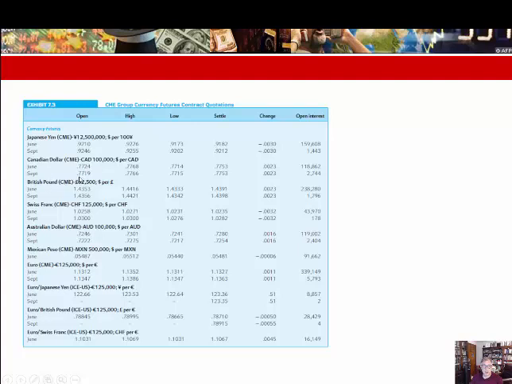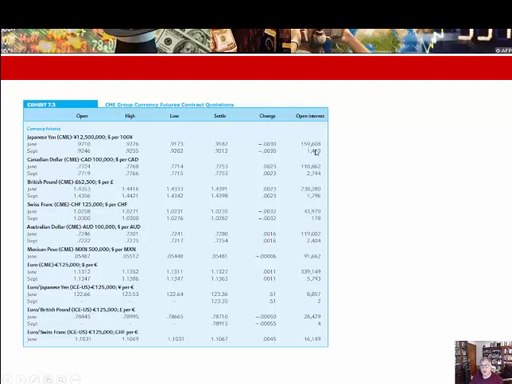The September contract is 0.7719 per Canadian dollar. And as you've seen here, there are 118,862 open contracts that are not settled yet for June, and September contracts are 2,744.